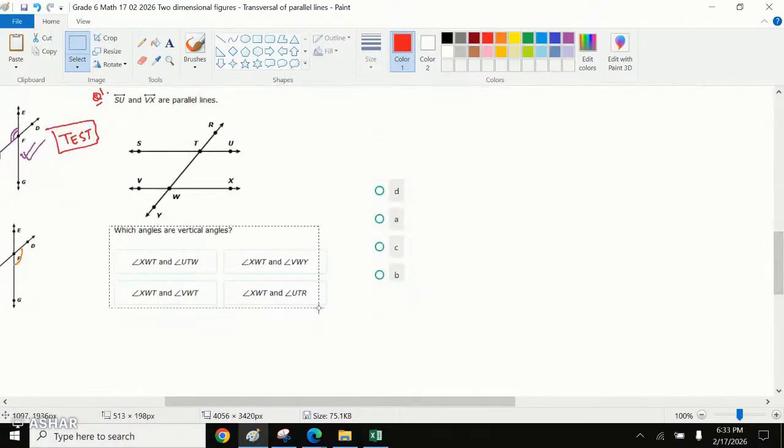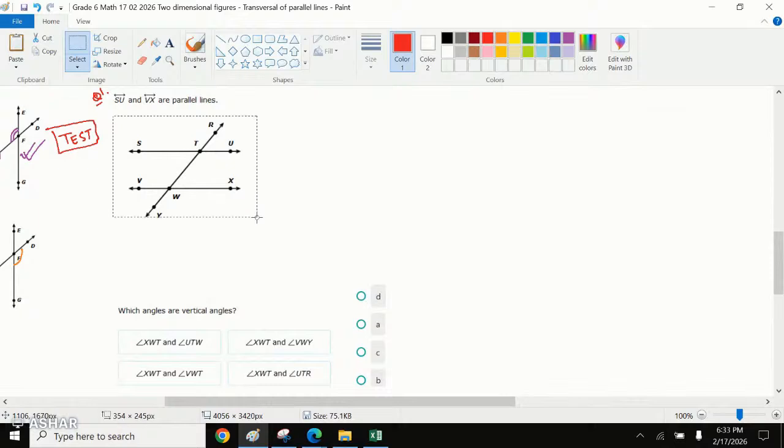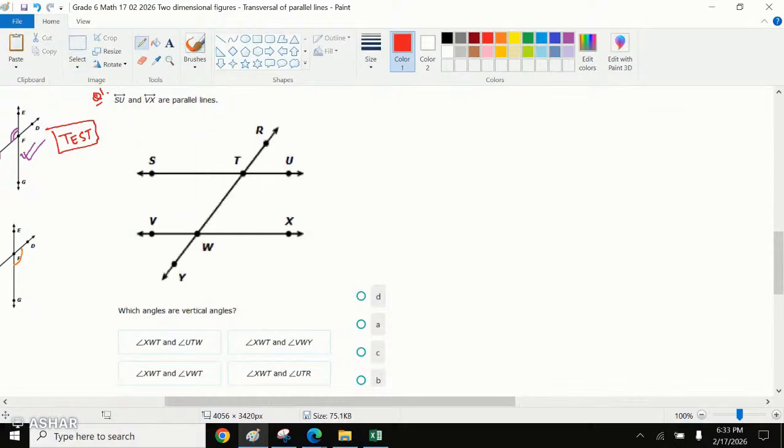These are the four options that we have, and this is the diagram that's been given to us. We need to find the vertical angles. For this particular question, what are the vertical angles?